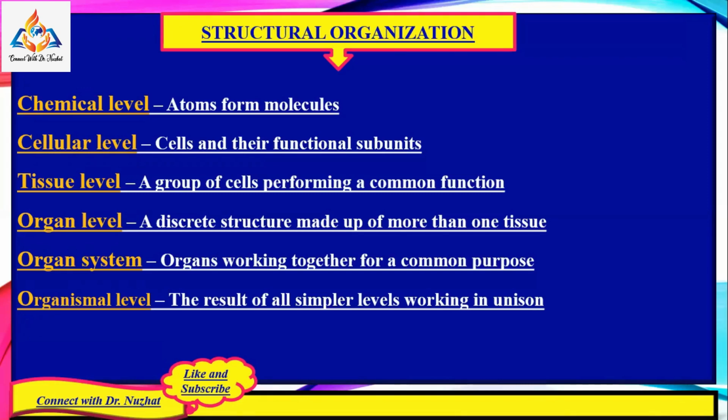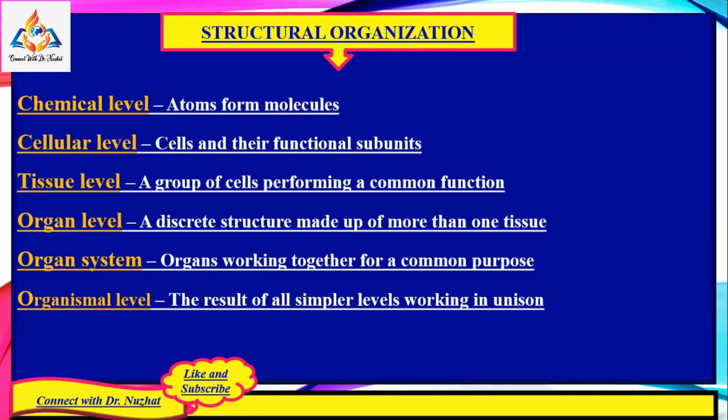Basically, major levels of organization in the body, from the simplest to the most complex, these are chemical, cellular, tissue, organ system, organism level. Higher levels of organization are built from lower levels.